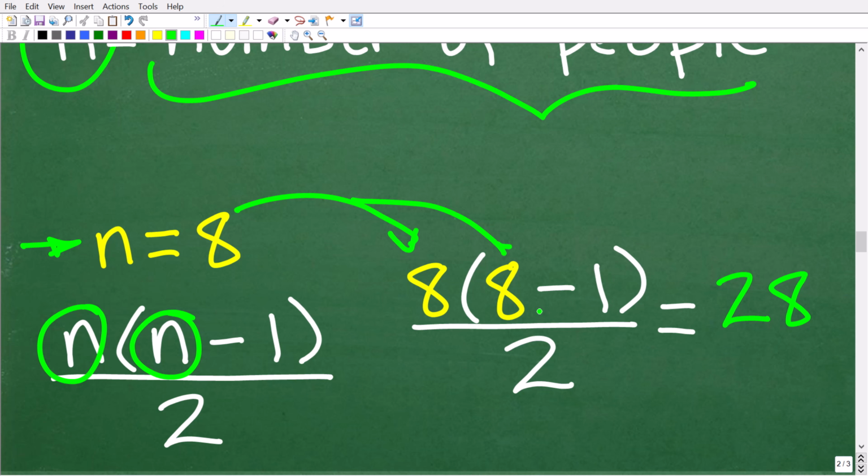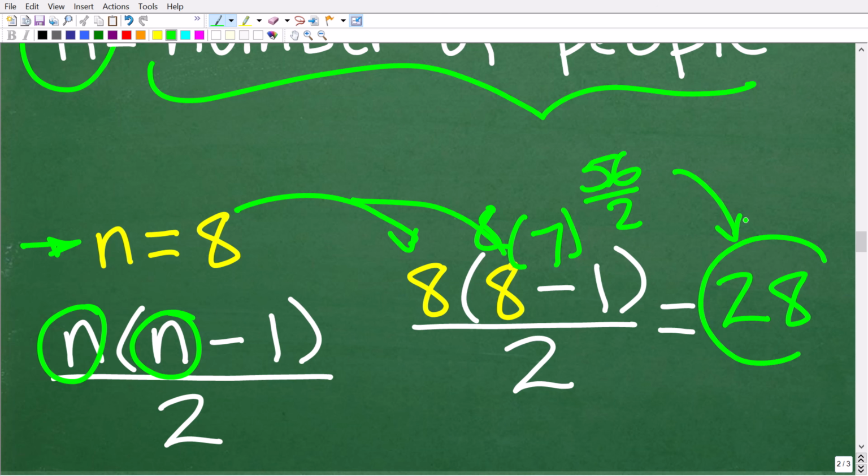Okay, so remember in math, you've got to do what's inside of the parentheses first. So this will be 7. So now we have 8 times 7, which of course is 56. And we're going to take that 56 and divide it by 2, which of course is 28, which is our answer.